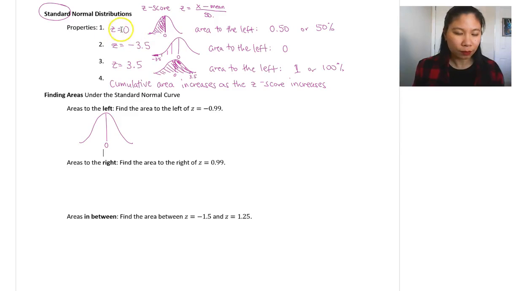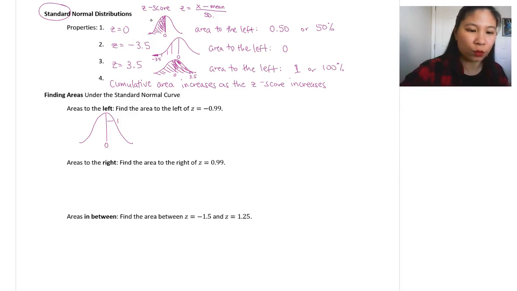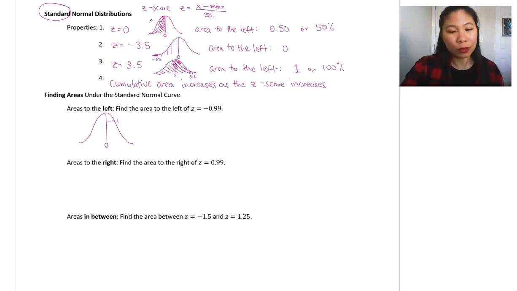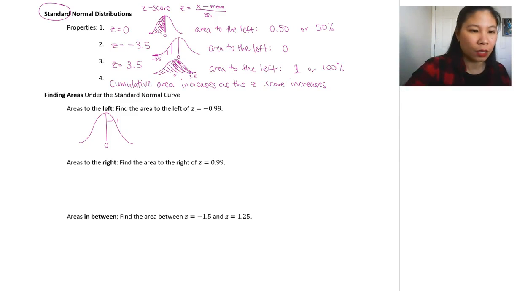So 0 is in the middle. The standard deviation is always 1 whenever we deal with z-scores. Okay, now that I have everything labeled, a z-score of negative 0.99 means I'm going to be on the left side of 0, because it's a negative number.